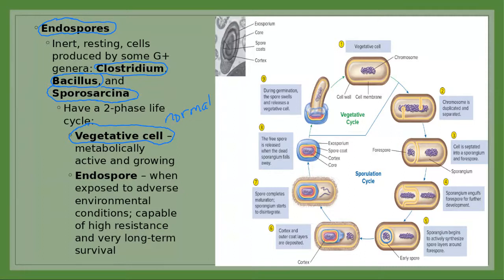This is just a regular type of cell where they reproduce. But in a very, very difficult situation, like for example very dry or very hot, these bacteria are able to produce what we call endospores. This endospore will protect them against any adverse environmental condition.